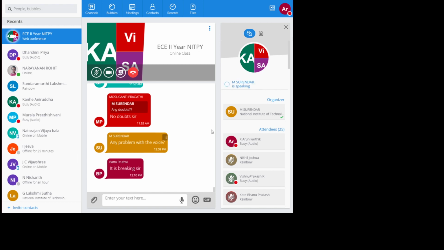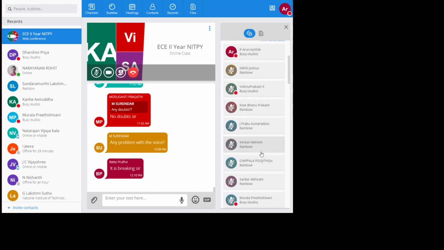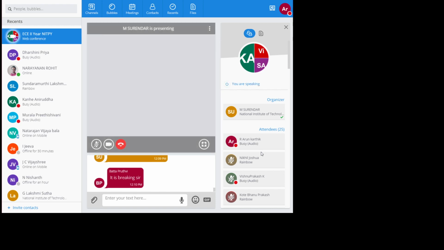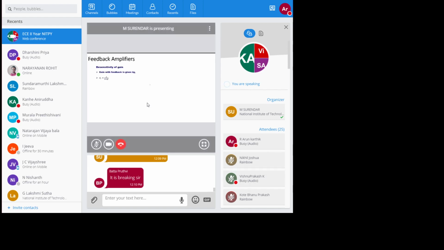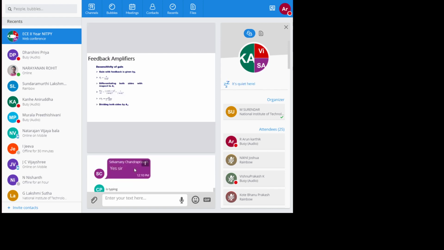I just cut the screen so that my bandwidth will be completely used for my voice. Okay, I'll share the window again. Is it okay now, guys? Can you hear me? Yes, sir, now we can hear you and see the screen.